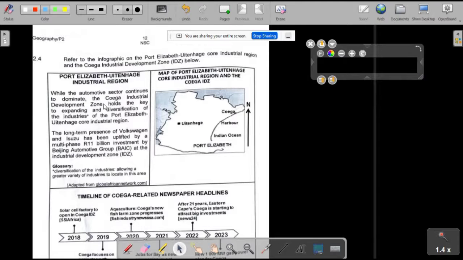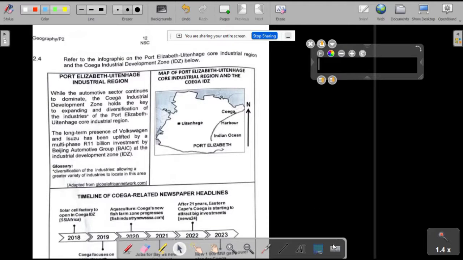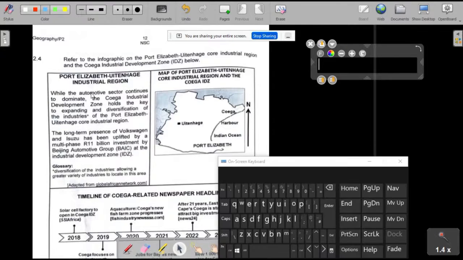So we'll read the extract here, interpret what we see here, and also look at what's happening here. What is it telling us? Because all of these are quite important, very important. So let's read the extract then.